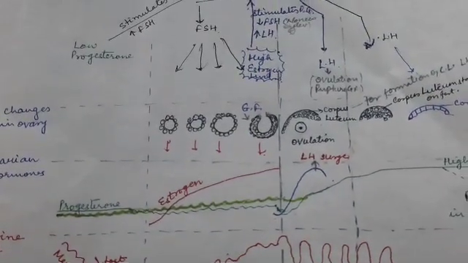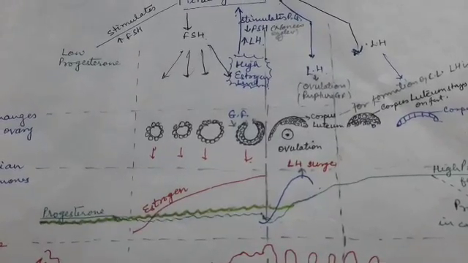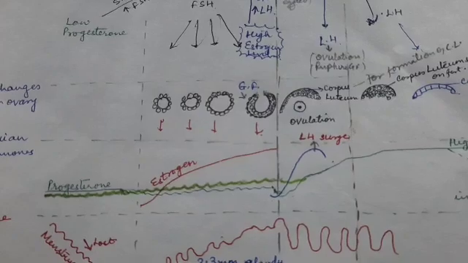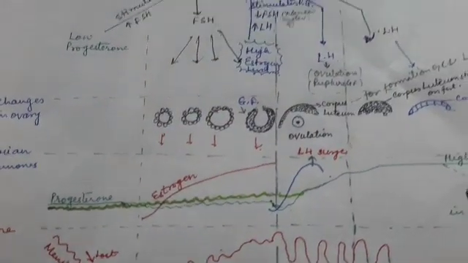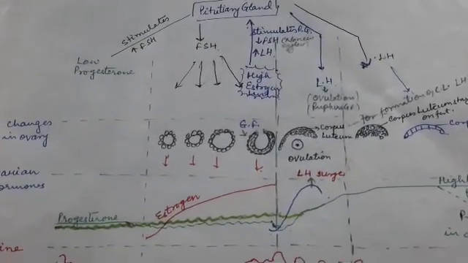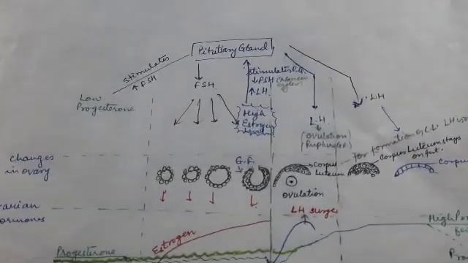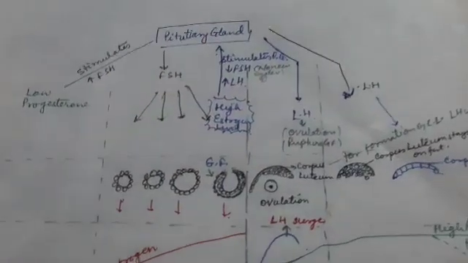At this level, the estrogen level goes very high. So it stimulates the pituitary gland so that it can secrete FSH, and also increases the secretion of LH. So both of these are secreted high.